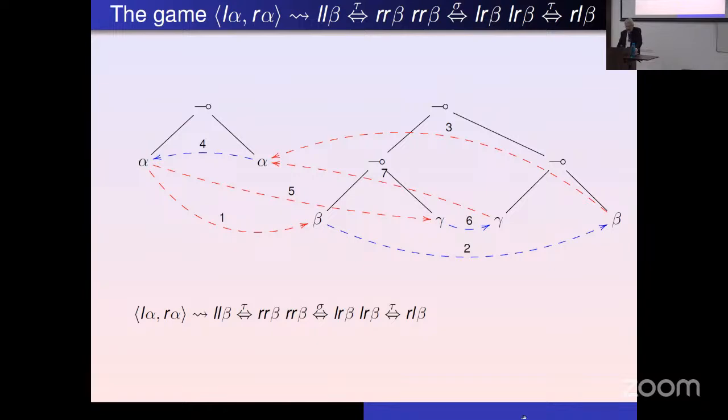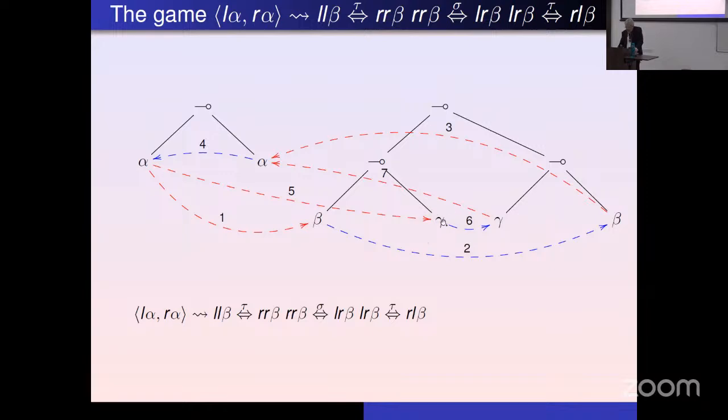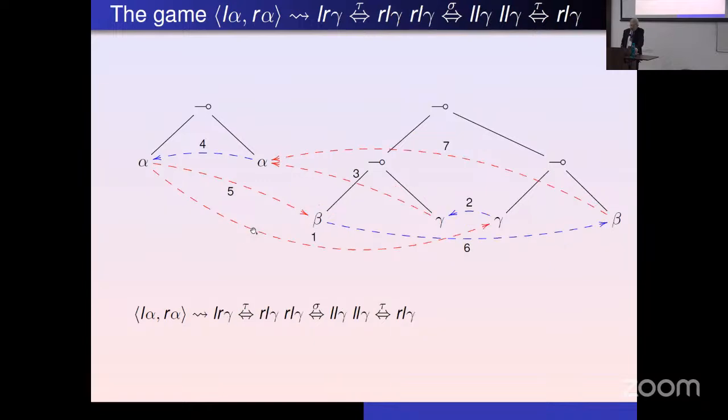But this is an instance of that. And of that. And once I'm here, now I can make a move in tau. And then I can come back. And once I come back here, I have precisely arrived at what was a move, or actually an instance of a move, in the original game. And this I can do for all situations.